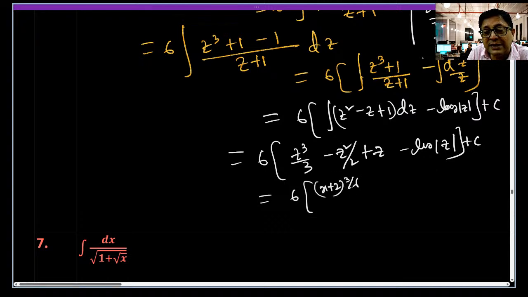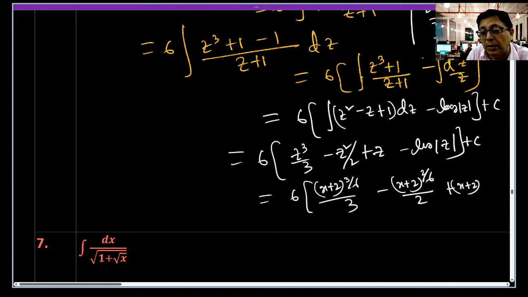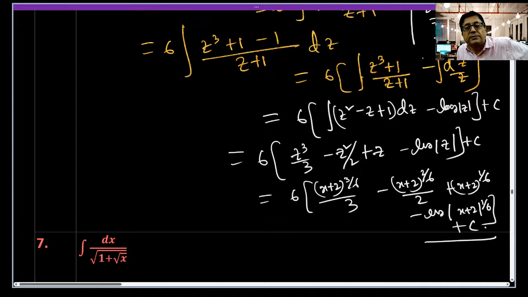To the power 3 by 6 by 3. 2 by 6 by 2. 1 by 6 plus c. Understood? This way it can be simplified.